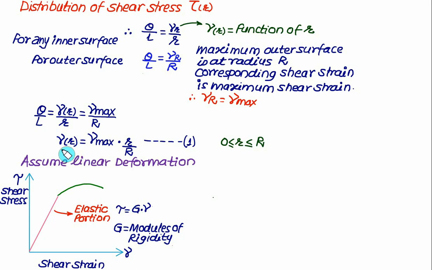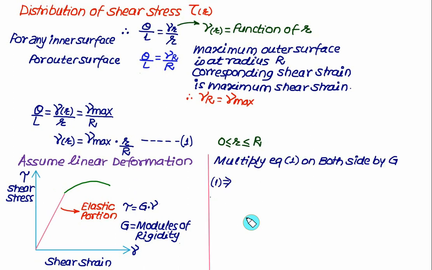Shear strain as a function of r is equal to the maximum shear strain multiplied by the radius r divided by the total radius capital R. So we'll multiply equation 1 on both sides by the value of G. In that case, we have G multiplied by the shear strain as a function of radius r is equal to G multiplied by the maximum shear strain, which occurs on the outer surface, multiplied by the radius r divided by the total radius capital R.